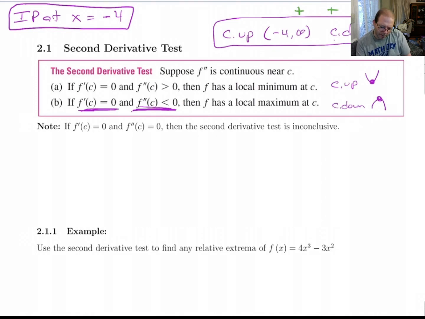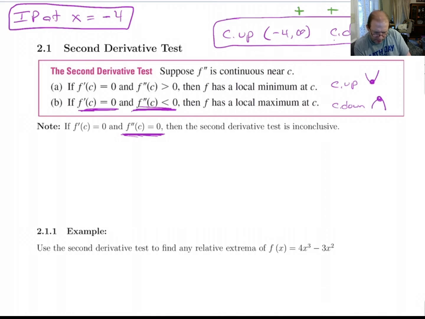So the second derivative test can help you find local maximum and minimum values, but it's not, in my opinion, as useful as the first derivative test, because if the second derivative is 0, then the second derivative test is inconclusive, and so it's not helpful in that case.